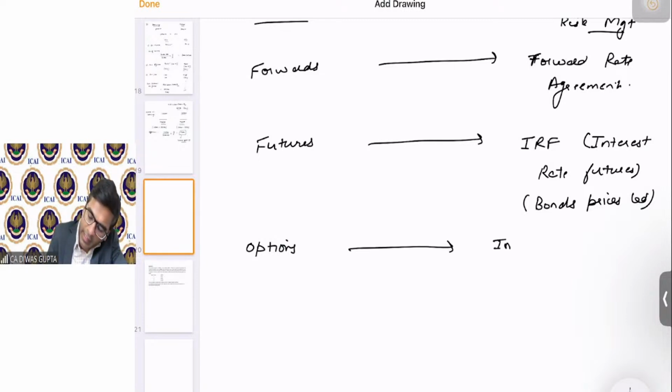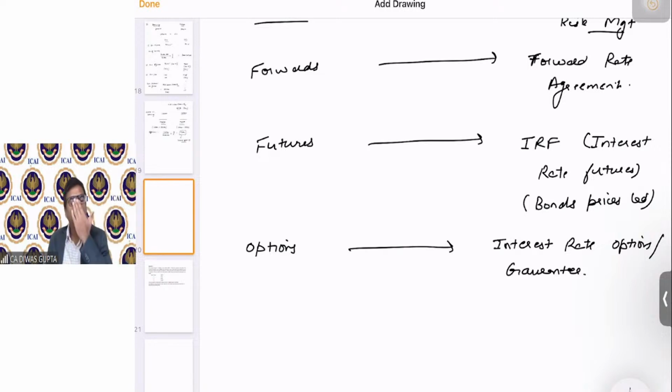Here we call them interest rate options slash guarantee. If you see in the first part of the session, I said there are modern methods and traditional methods.